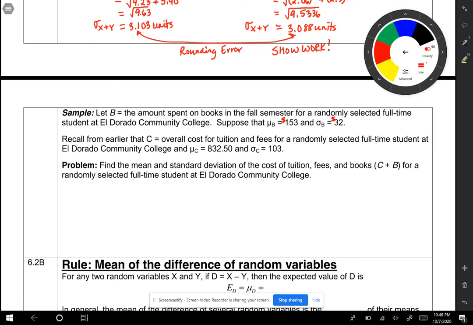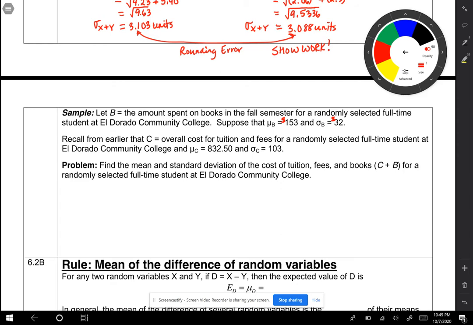Recall from earlier that C equals overall cost for tuition and fees for a randomly selected full-time student at El Dorado Community College. The mean of the cost for tuition and fees was $832.50. This was from 6.1a, and the standard deviation of the overall cost was 103. Here's our problem. Find the mean and standard deviation of the cost of tuition, fees, and books. So we're going to combine those two distributions.